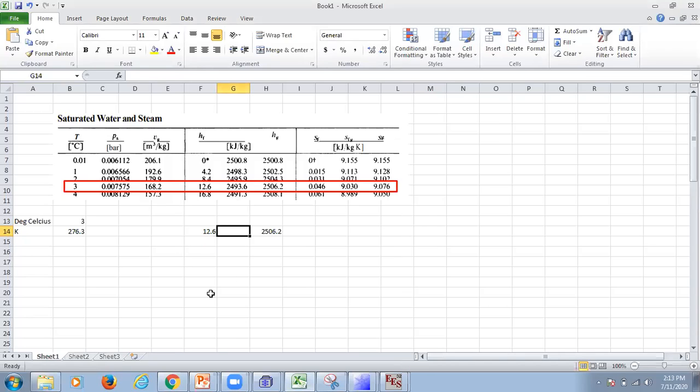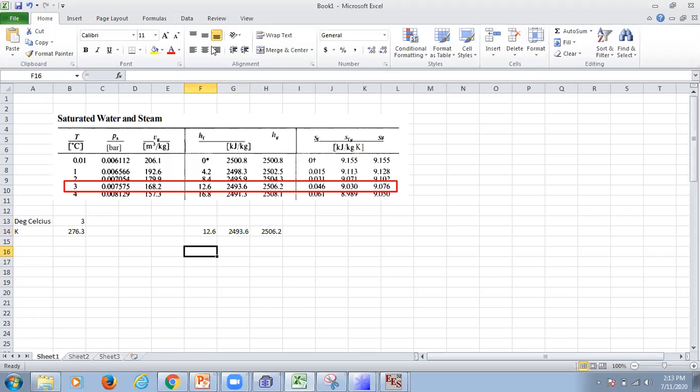What does hfg mean? It is hg minus hf. You can see 2493.6. So hfg is a calculated property. If you know hg and hf, you can get this.